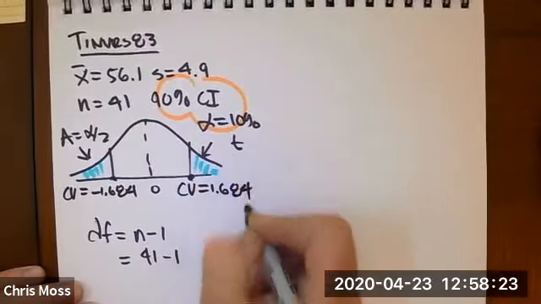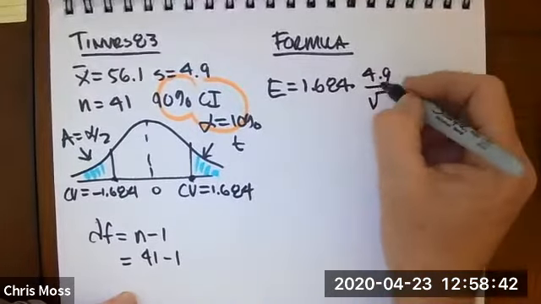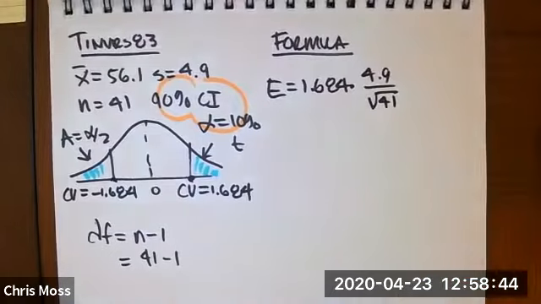My margin of error E is equal to my critical value, 1.684, times 4.9 all over the square root of 41. Your calculator loves this stuff. That's why it was born.